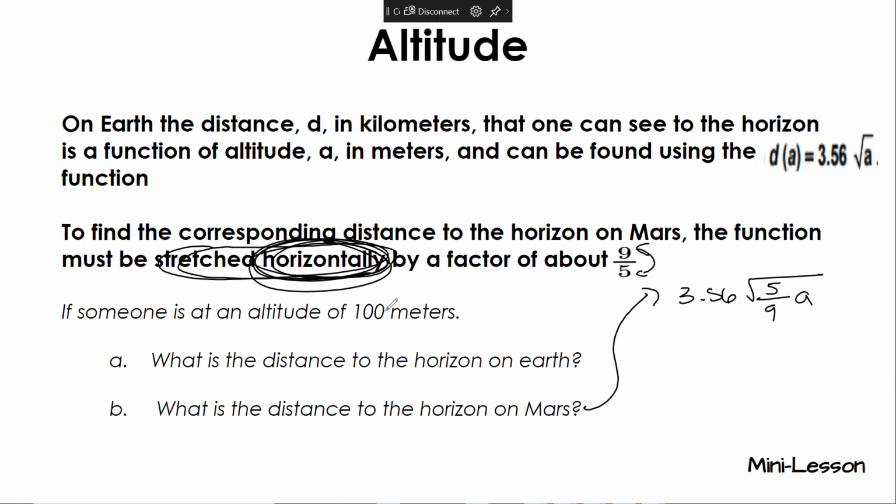So now we can plug in that 100, right? So we got 3.56 square root of 5 divided by 9 times 100. So this is going to be 3.56 square root of 500 divided by 9.